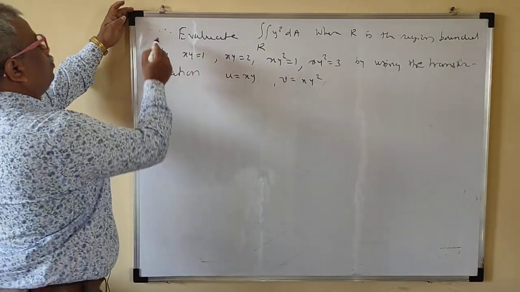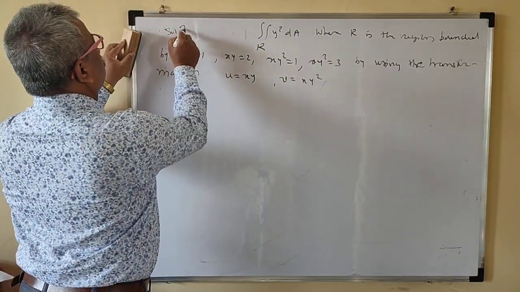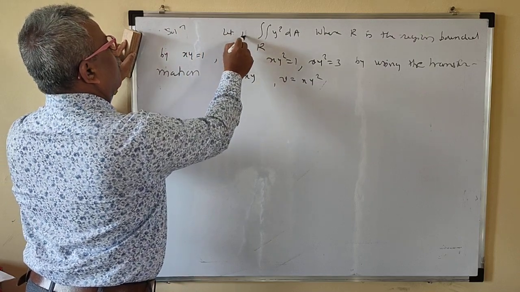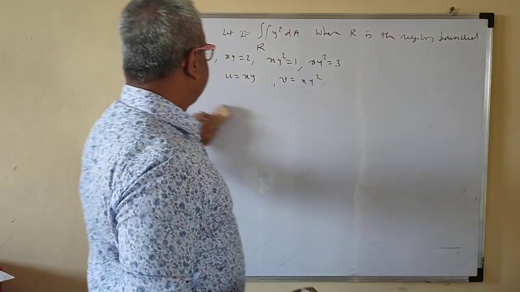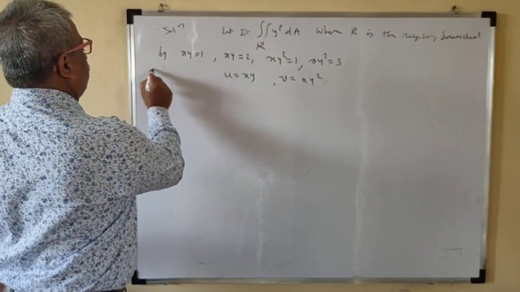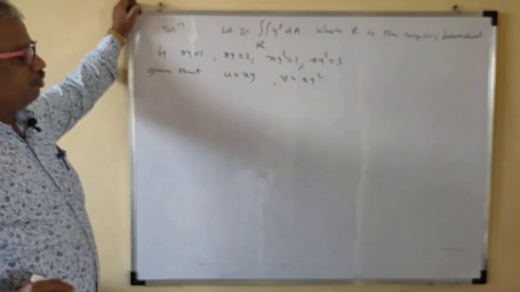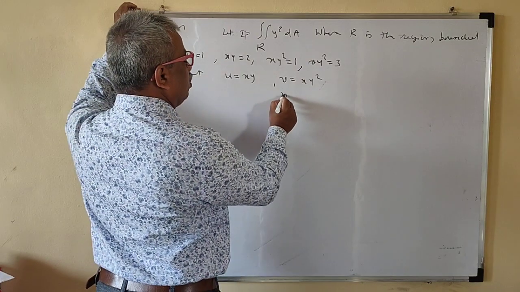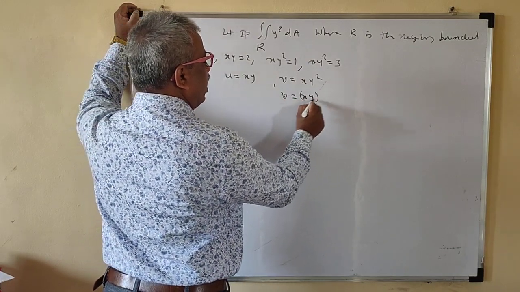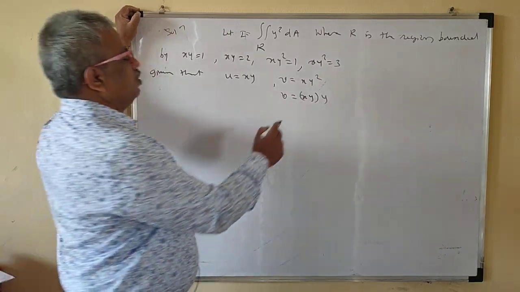Okay, solution. Let I be this integral. We erase this transformation. Given that u = xy, and v = xy into y, so your xy is u.